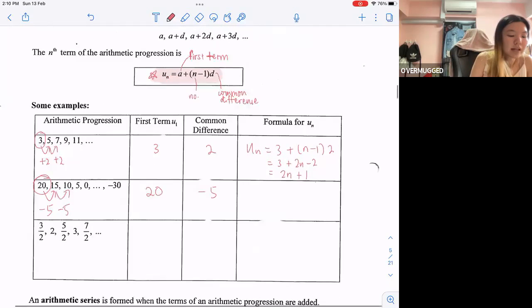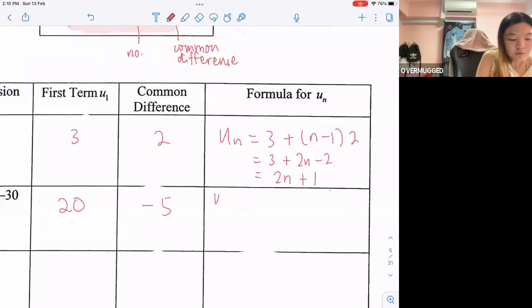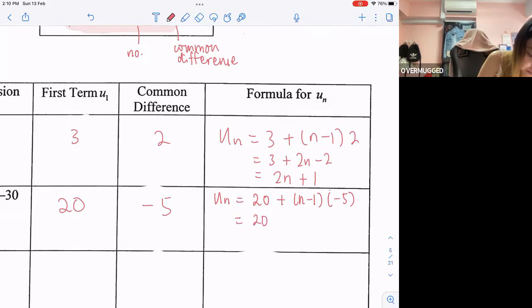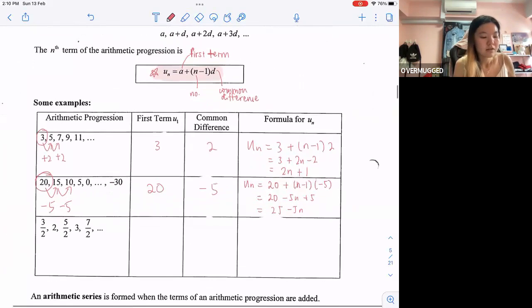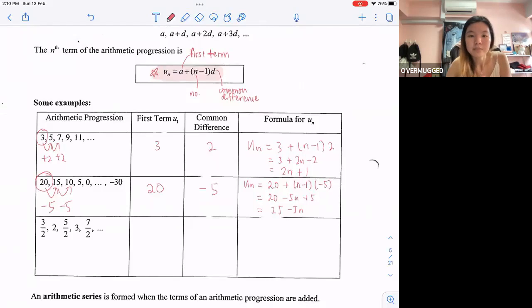And then my formula will be Un equals a, which is 20, plus n minus 1 times my common difference, which is minus 5. Again, I can expand out: 20 minus 5n plus 5, 25 minus 5n will be my formula for Un.